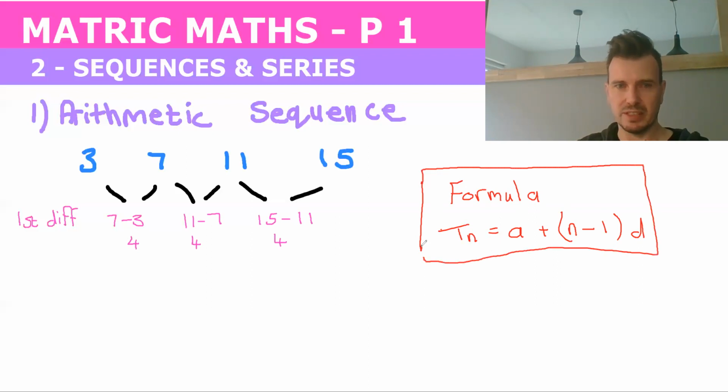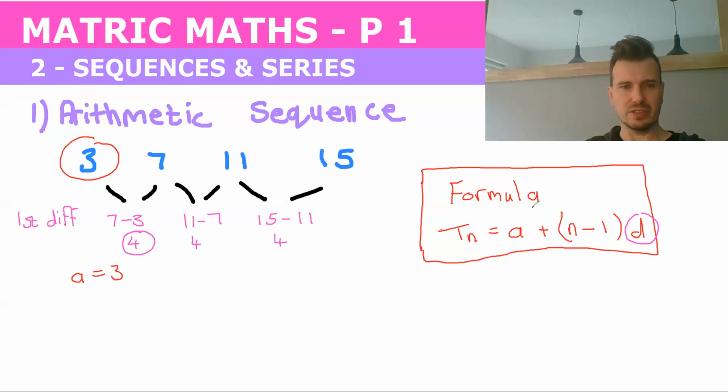So if you just remember that, then we should be fine. And so we know that a is the first term. So a is this term here. And d is the difference between the terms. Okay, and n is just the term number.